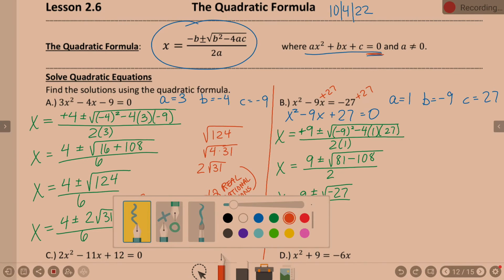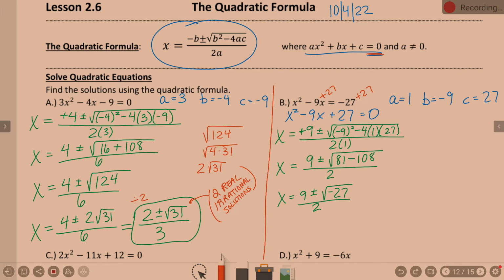Now, there's something more than just an i that we need to consider here. So I'm going to bring my negative 27 off to the side so I can work with it. There is a negative 1, and negative 1 is going to be an i. Are there any perfect squares in 27?